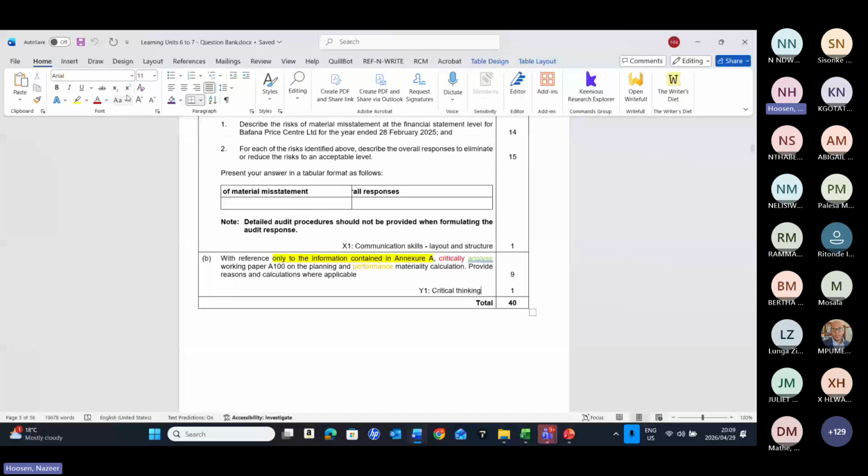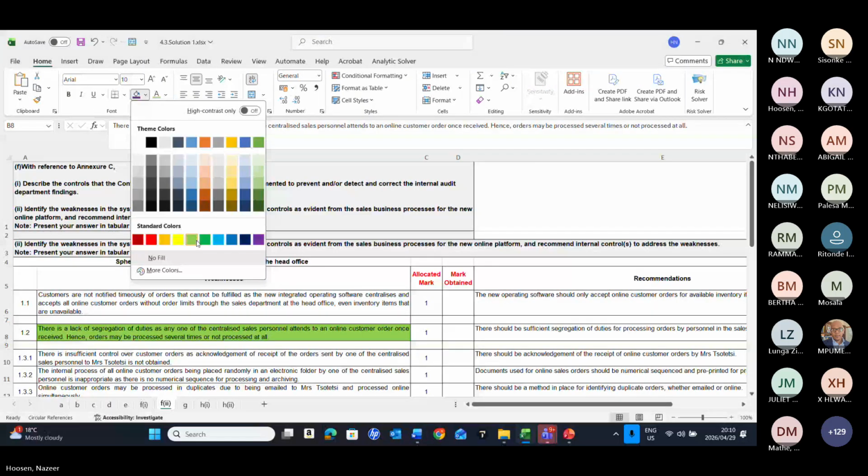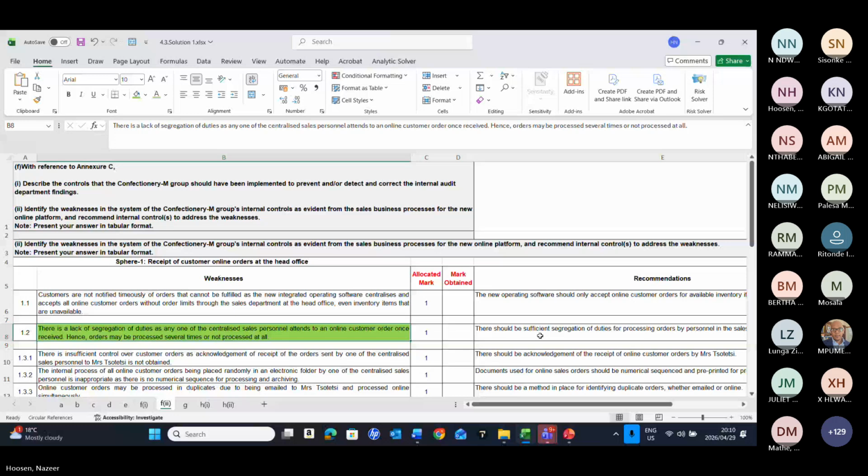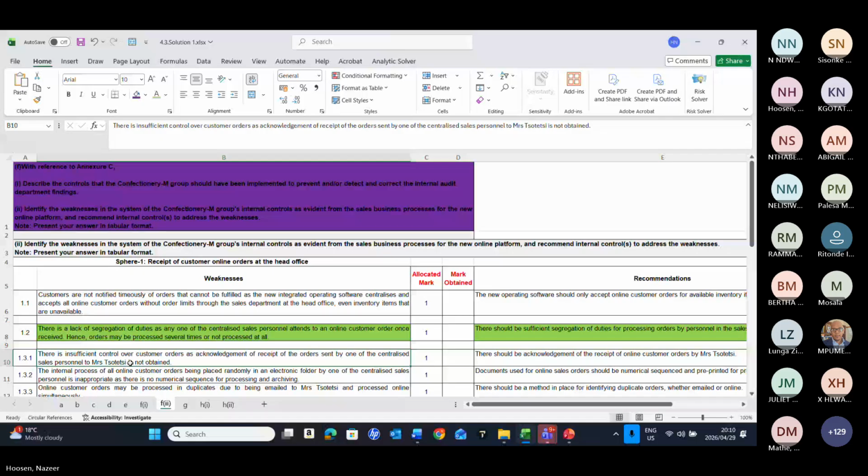If there's a lack of authorization, there should be authorization put into place. So it's those type of aspects.